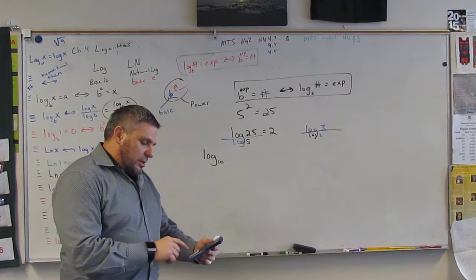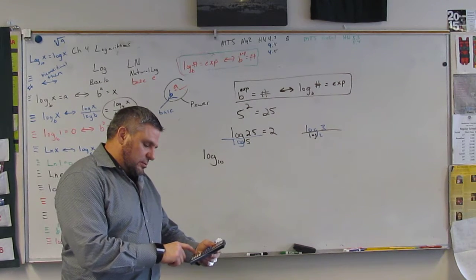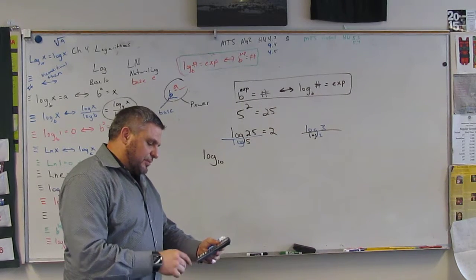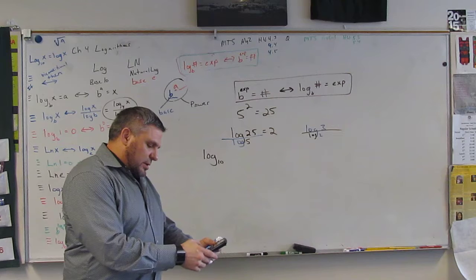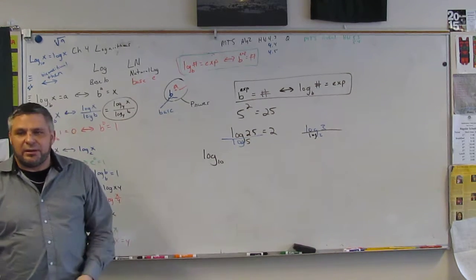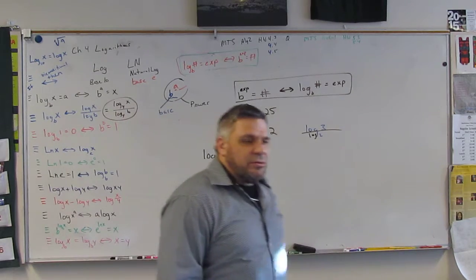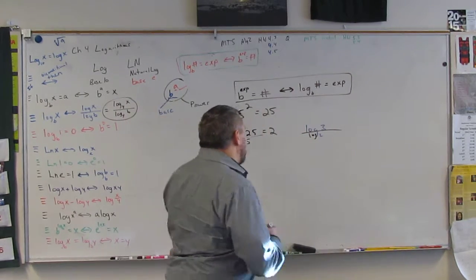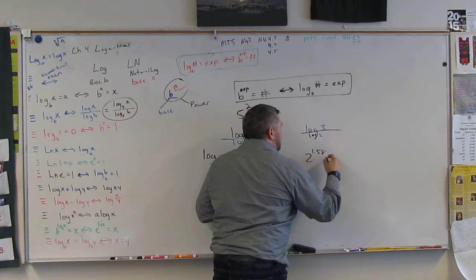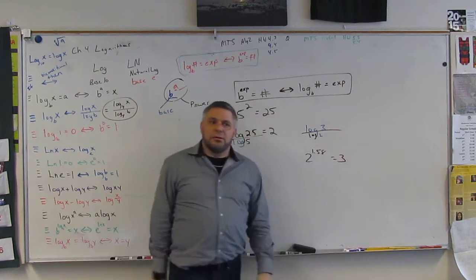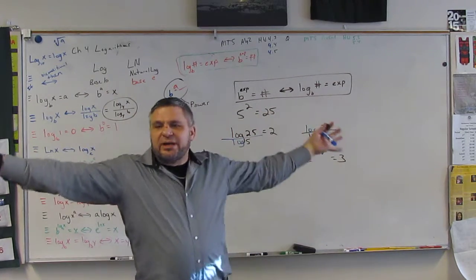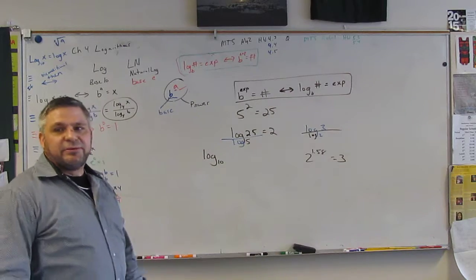So, if I put log of 3, hit equals, and then divide by log of 2, and hit equals, I get 1.58. Okay? So what that's telling me is that 2 to 1.58 is equal to 3. Okay? But it's 1.58, blah, blah, blah, right? Because it's an irrational number that goes on forever.